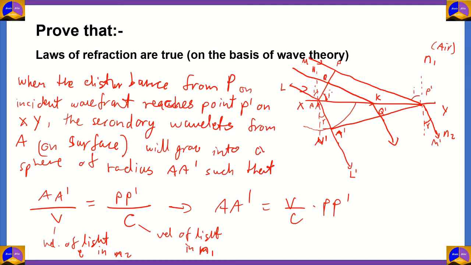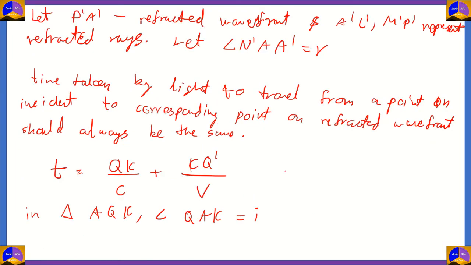So angle QAK represents the incident angle, the angle of incidence, and therefore we can write sine I equals QK divided by AK. So QK equals AK times sine of angle of incidence.